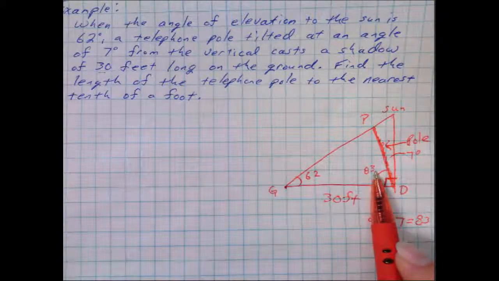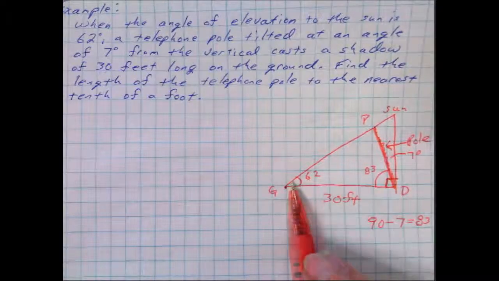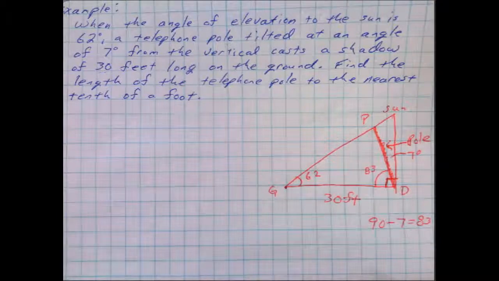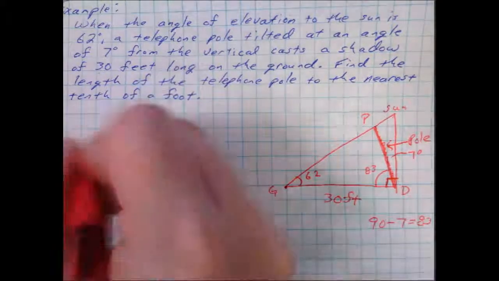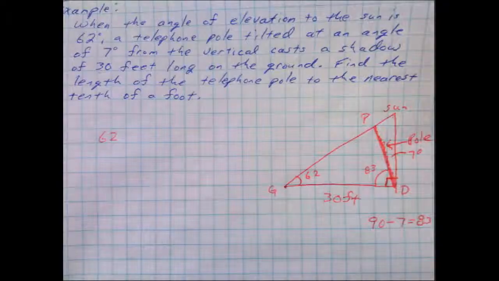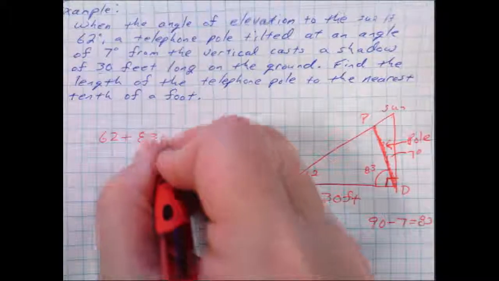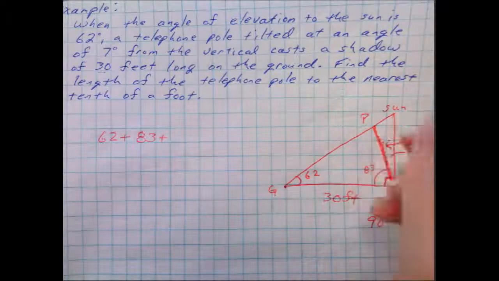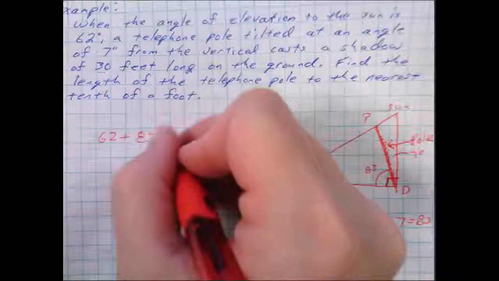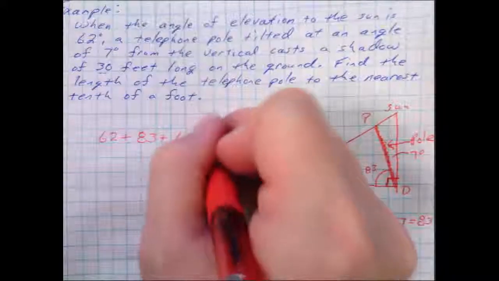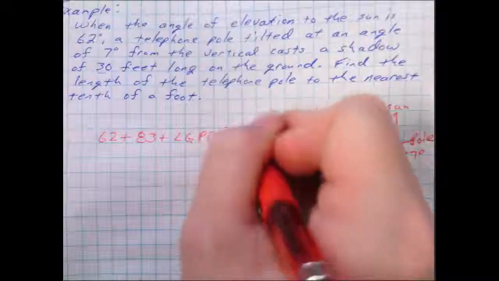Okay? So then from there, we know that if we add all of the angles in this triangle together, we should get 180. So 62 plus the 83 plus angle GPD equals 180.